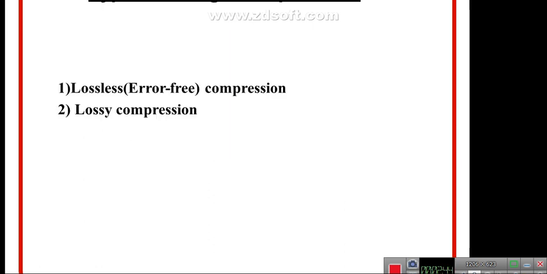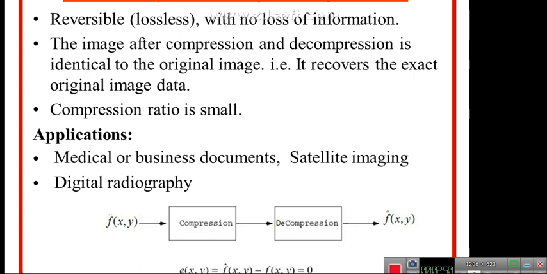The types of image compression are lossless error-free compression and lossy compression. Lossless error-free compression is reversible with no loss of information, and the image after compression and decompression is identical to the original image, because it is lossless.